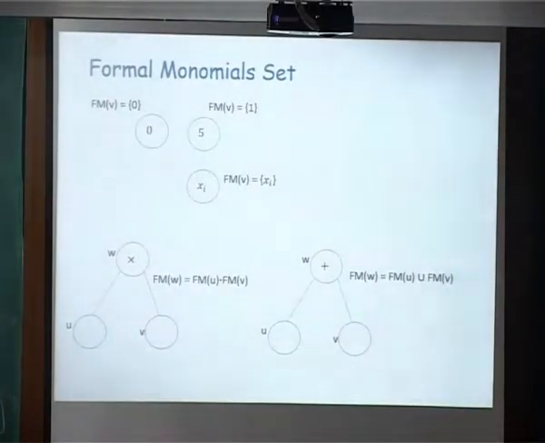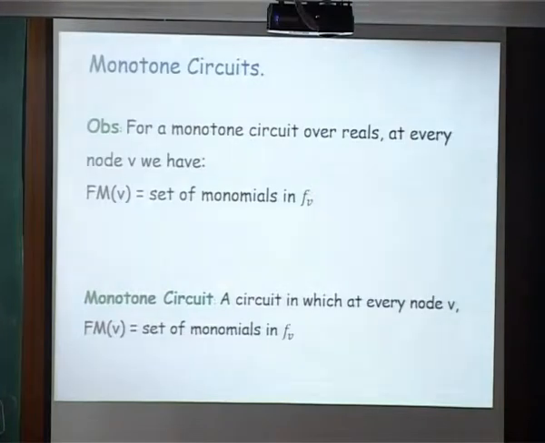And why am I saying all this? It's because for the usual notion of monotone circuits over the reals, you make the following observation: at the output node, the set of formal monomials that you get must be exactly equal to the set of monomials in the output of the circuit.